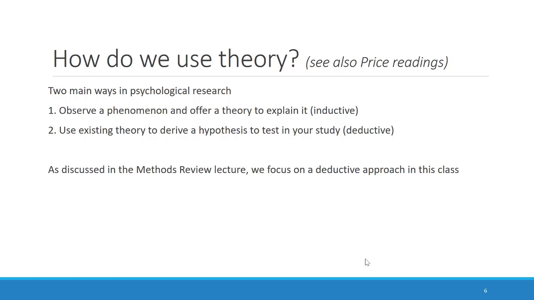So deductive research takes existing theory and uses it to help us understand what the likely outcome of our study will be. Whereas inductive research is when an individual observes existing phenomena in reality and then tries to come up with a theory to explain why that's happening. So as we discussed in our methods review lecture, we are focusing on a deductive approach in this class.